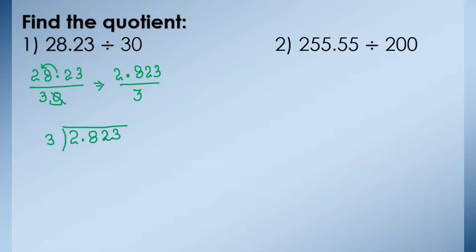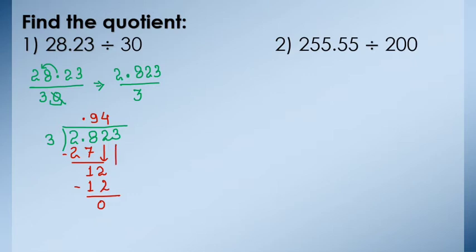Firstly we will place the decimal in the quotient, as 2 is not divisible by 3. Now the number is 28. So 3 9s are 27. 1 is left. Bring down 2. 3 4s are 12. Subtract them. 0 is left.